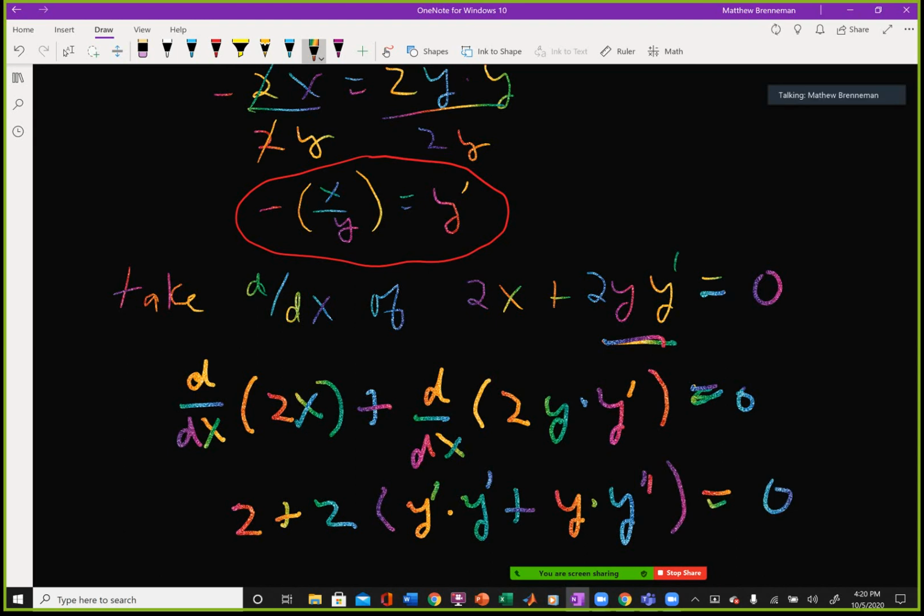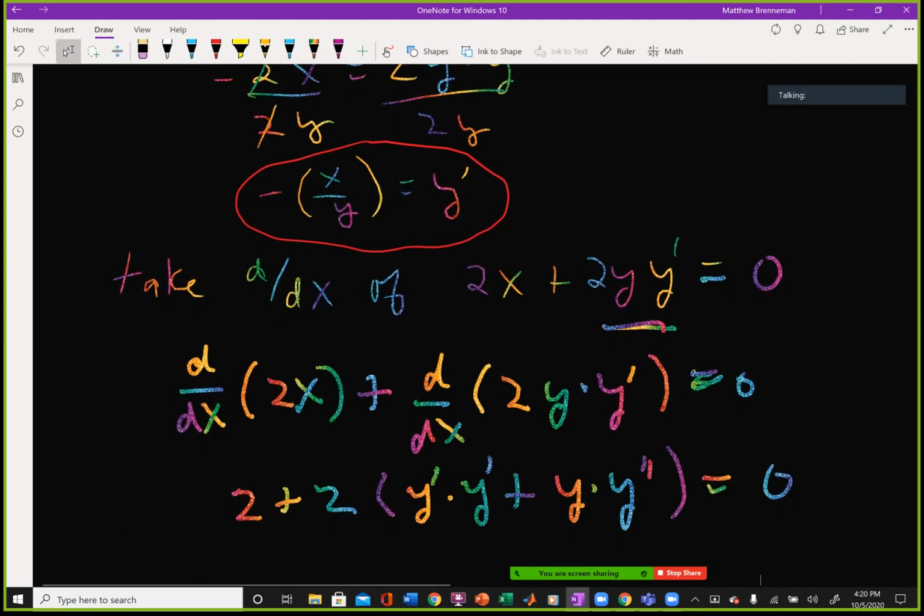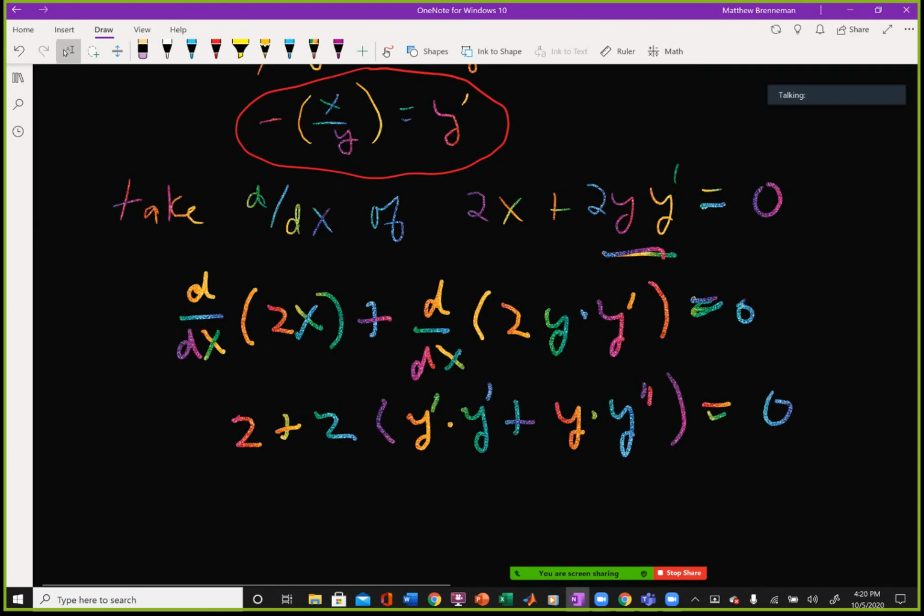Okay? Because I'm using the product rule, right? Take the derivative of the first factor, which will give me y prime, multiply it by the second factor, then leave this term alone and take the derivative of the second factor. And that's where I'm getting this from.